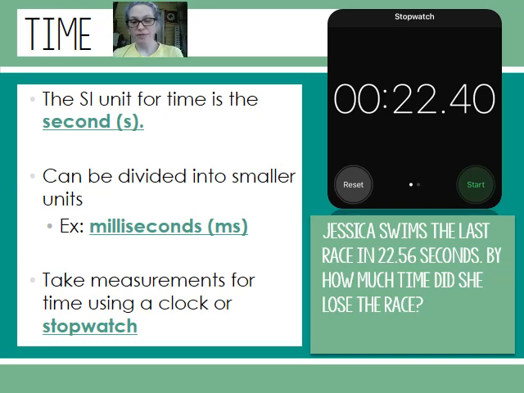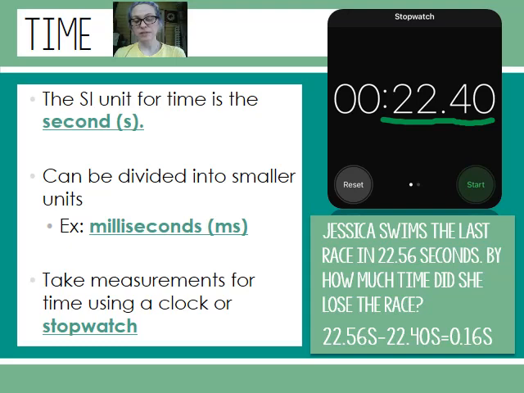So I have a problem here for you. Jessica swims the last race in 22.56 seconds. By how much time did she lose the race? So this was Jessica's time right here, 22.40. So all you have to do is a simple subtraction problem. 22.56 seconds was the time that she swam the race, and 22.40 was the time of the first person, or the person who ended up winning.